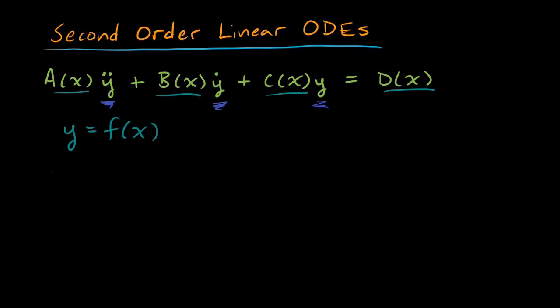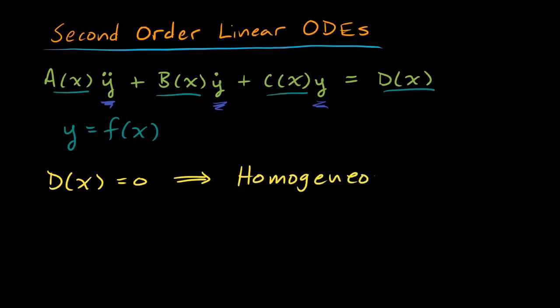So if we have d(x) equal to 0, then we have a homogeneous second order linear differential equation.